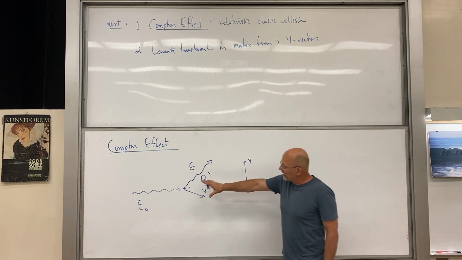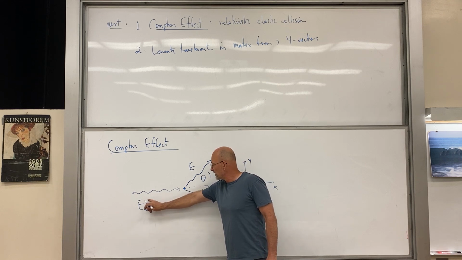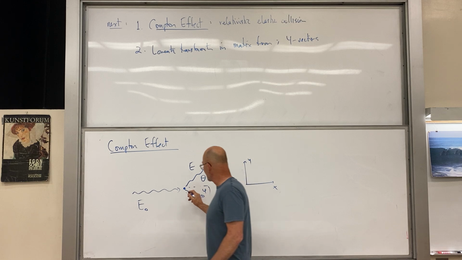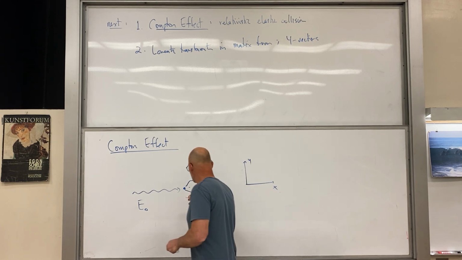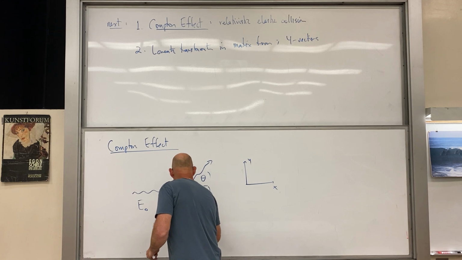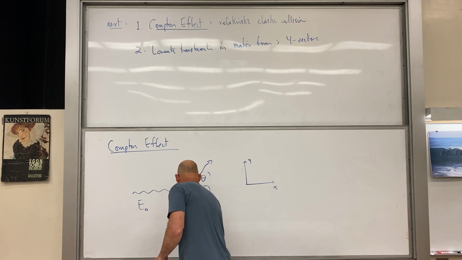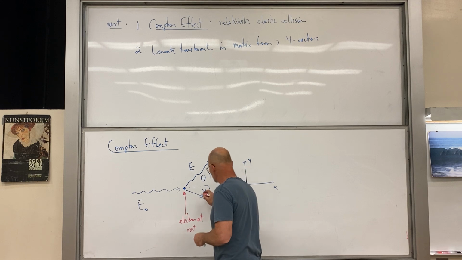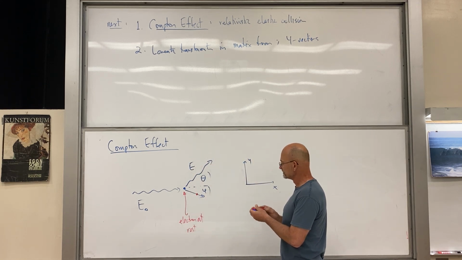So yeah, I'm representing the photon, which is moving at the speed of light, with the wavy line, and the electron with the straight line. So we have, here I'll use a different color. So that's the electron at rest, mass m, and then eventually the photon scatters.